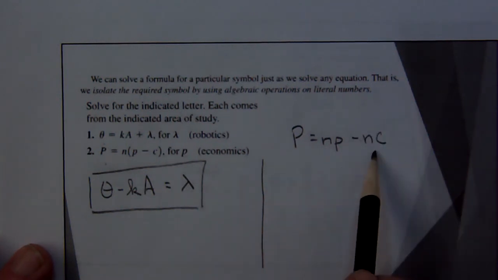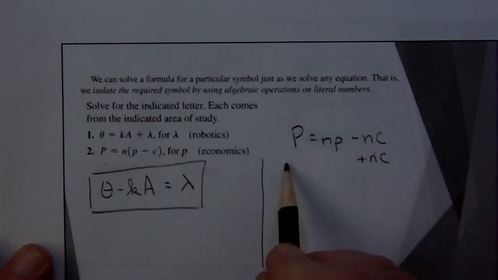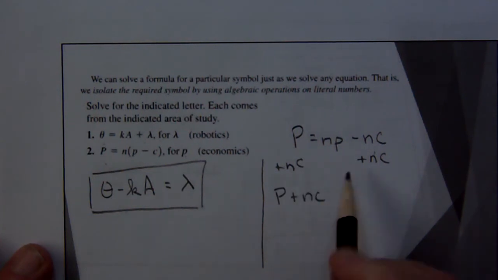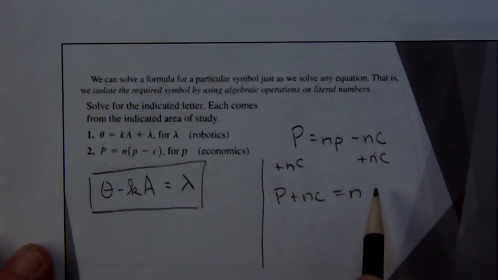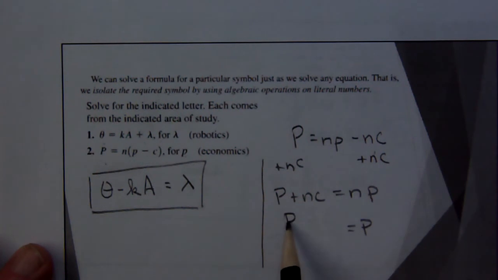So I'm going to add nc to both sides. Now capital P plus nc is equal to n times lowercase p. I want to solve for lowercase p, so lowercase p then is equal to capital P plus nc, all divided by n.